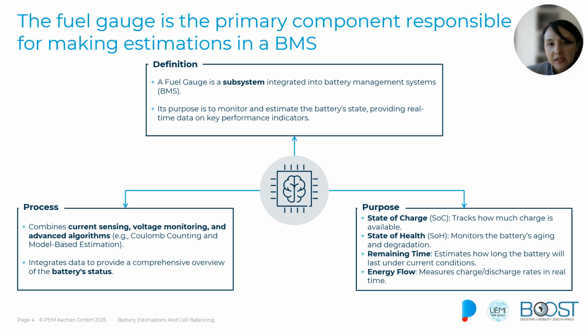The fuel gauge integrates all of the data and provides a comprehensive overview of the battery status, and this helps us to make informed decisions about how to use and how to maintain our system.